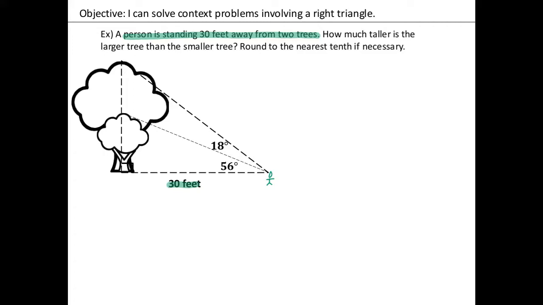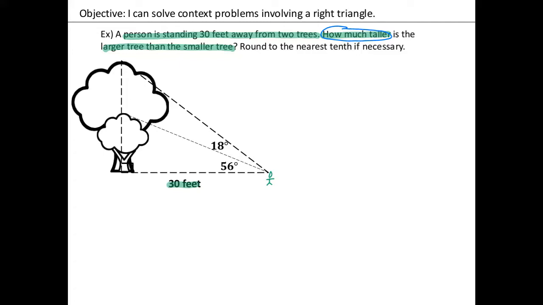And then my question is, how much taller is the larger tree than the smaller tree?